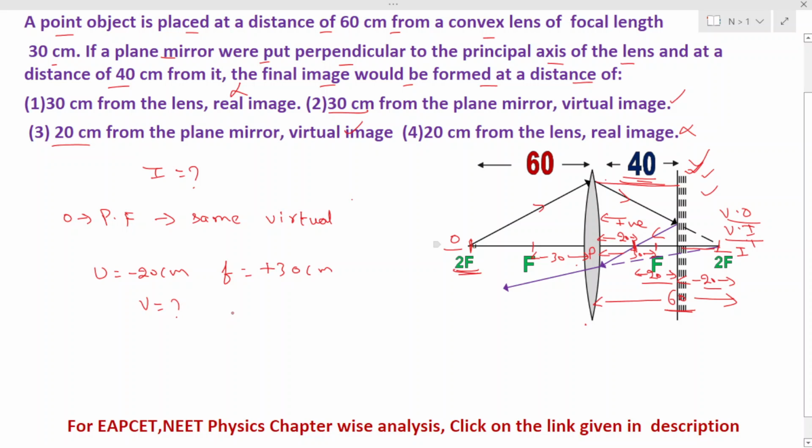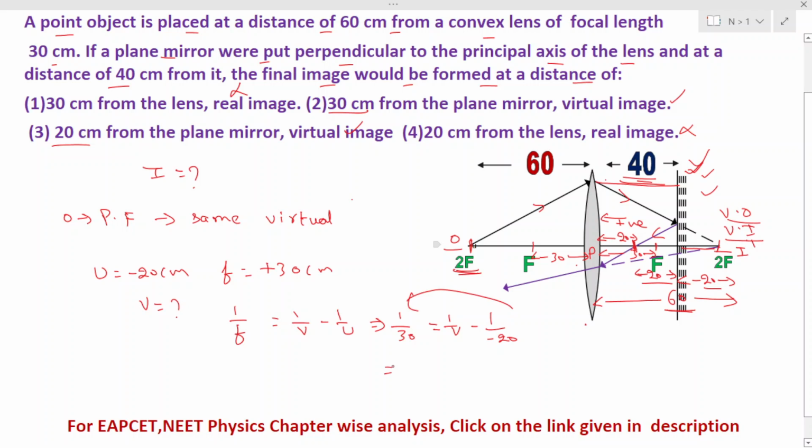Okay. For that I'll use 1 by f is equal to 1 by v minus 1 by u. Okay. 1 by f, that implies, let me write here, 1 by f is 1 by 30 is equal to 1 by v minus 1 by u, minus 20, that is minus 20. Okay, if this goes to this side, what will I get? Plus.